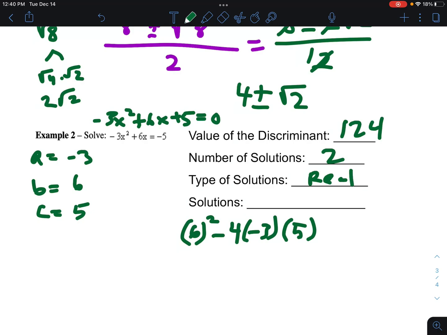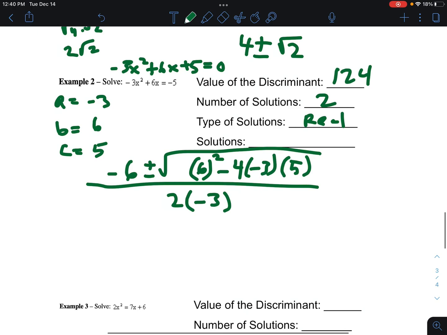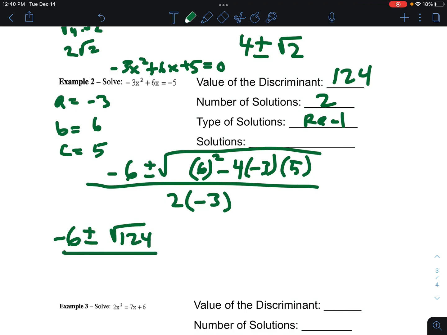Okay, so quadratic formula then would be -b, so -6 plus or minus the square root of all that business, all over 2 times the A value. All right, now let's do our math. -6 plus or minus the square root of 124 divided by -6.